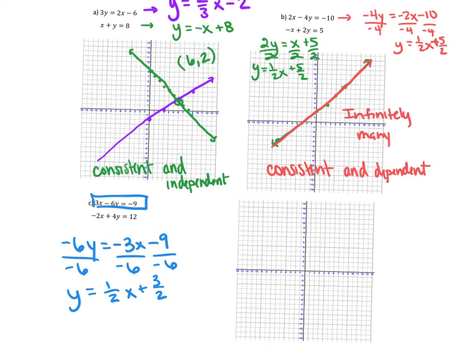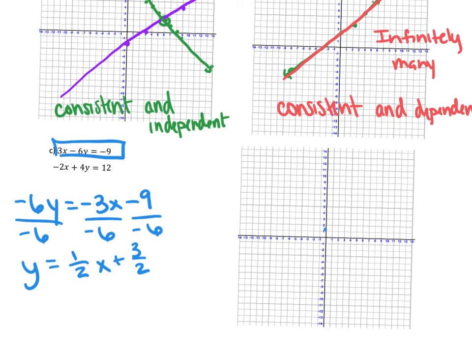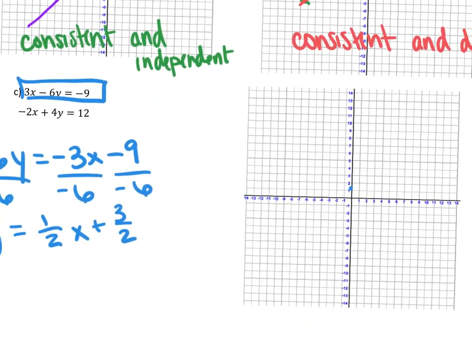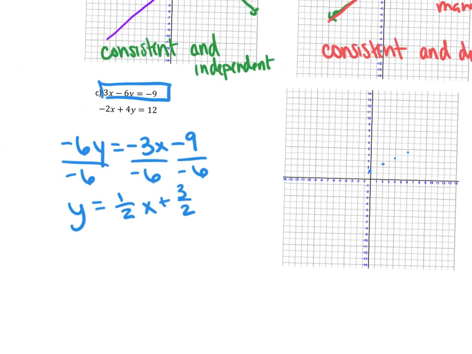So the line looks like this, the intercept is 1.5 here, and it says to go up by 1 over by 2. Up by 1 over by 2. So that's the first line. The second line says get y by itself.